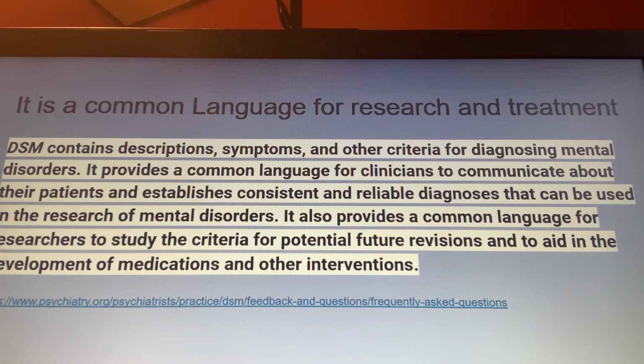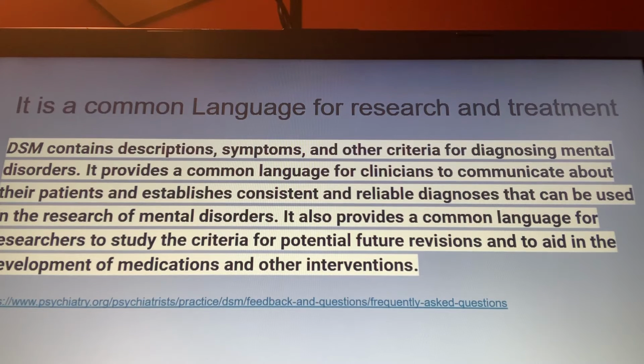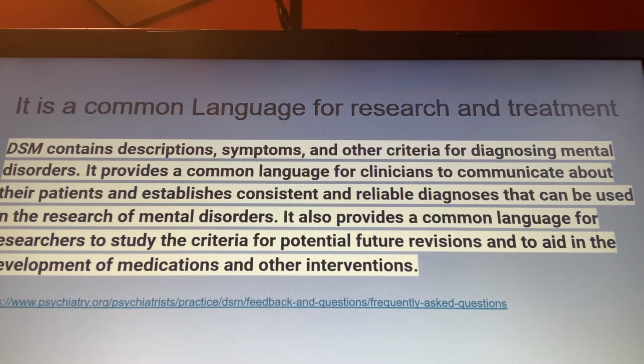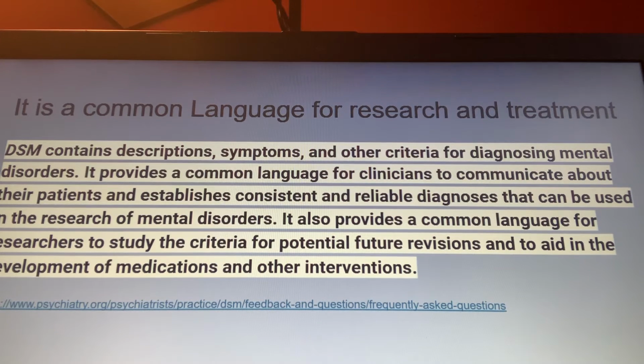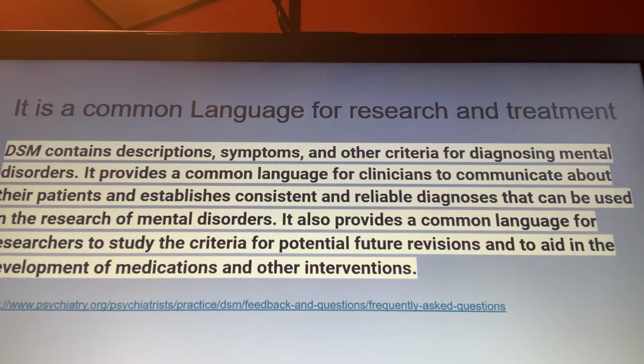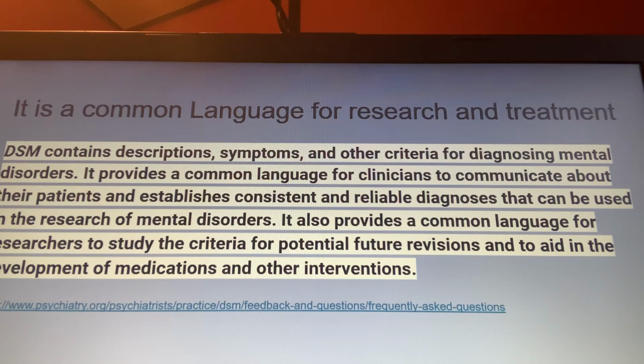In providing this common language and the common criteria, you can have somebody diagnosed with accuracy for, let's say, depression in England, as well as in Boston, as well as in Scandinavia.